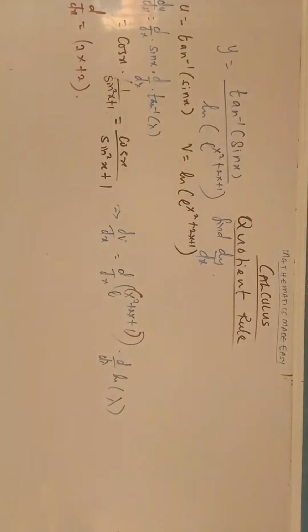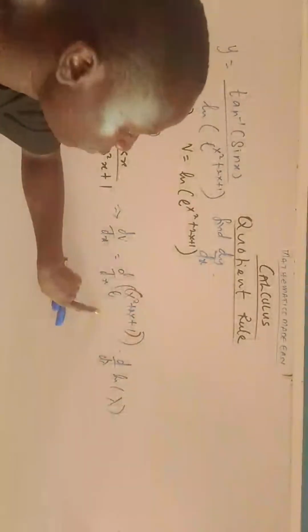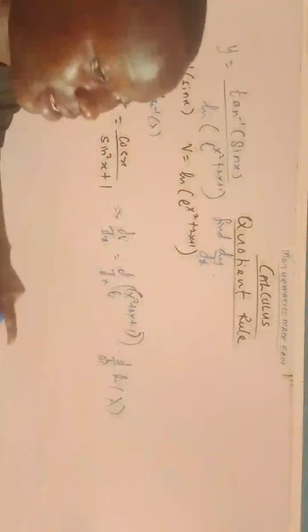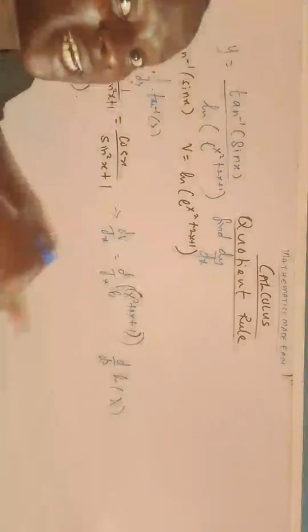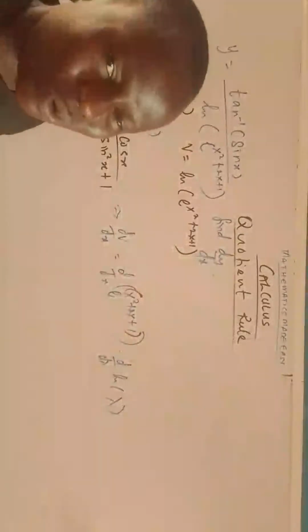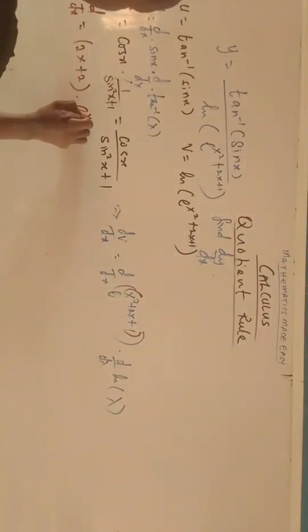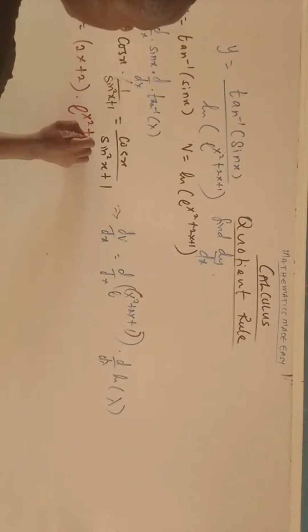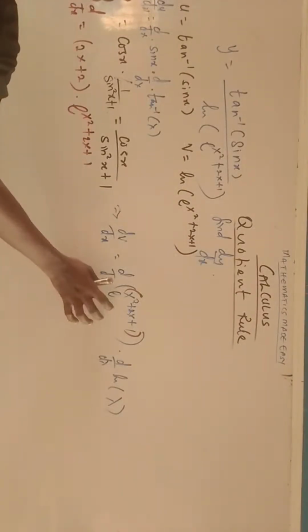Then multiply by the derivative of exponential of anything, which is still the exponential of that function, so the derivative is not changing. You're going to have exponential x squared plus 2x plus 1. So that's the derivative of this guy.